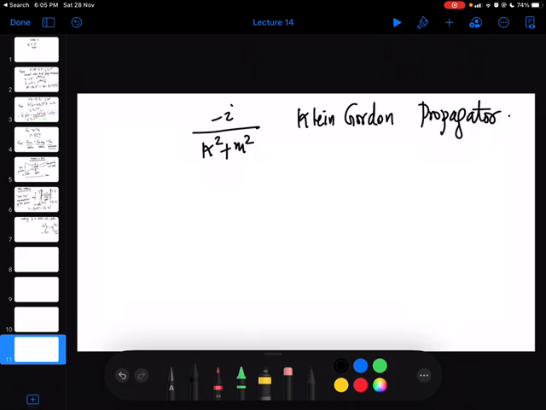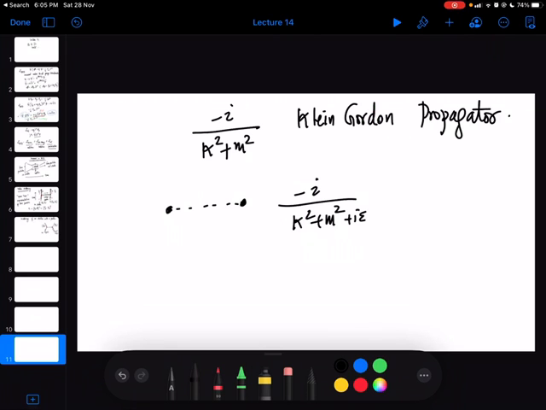This is called the Klein-Gordon propagator. So whenever there is an exchange of a scalar particle between two points, it is represented by a dotted line, and the amplitude is k square plus m square. There is an i epsilon in principle, but let's just forget about this for the present.